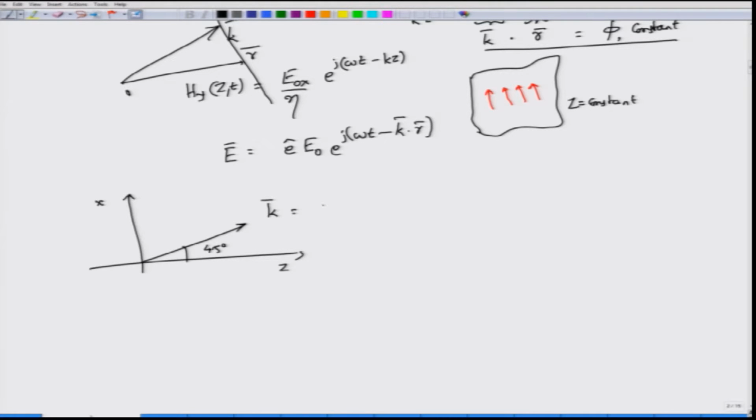Assuming that the magnitude of the k vector is k, the vector k will be given by k times cos 45 degrees along the z axis plus k sin 45 degrees along the x axis. So, this is basically k by root 2 times (x hat plus z hat). This describes the direction of wave propagation.